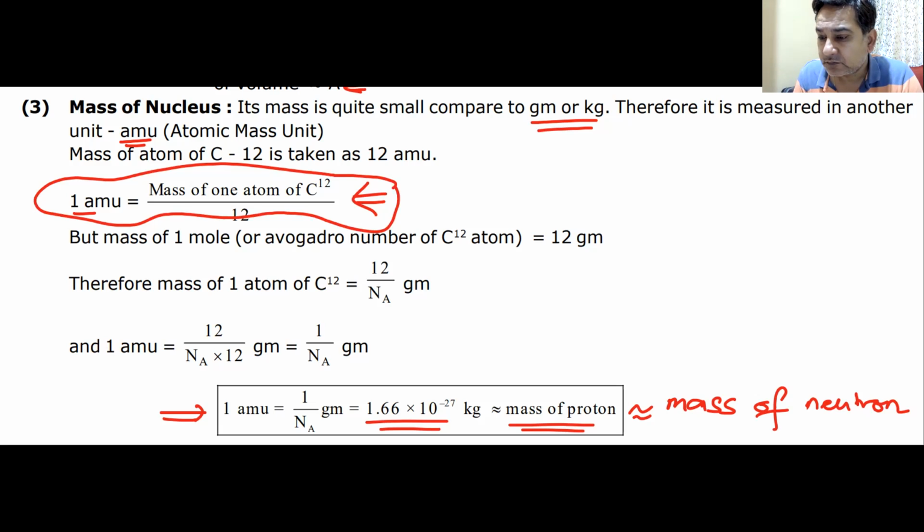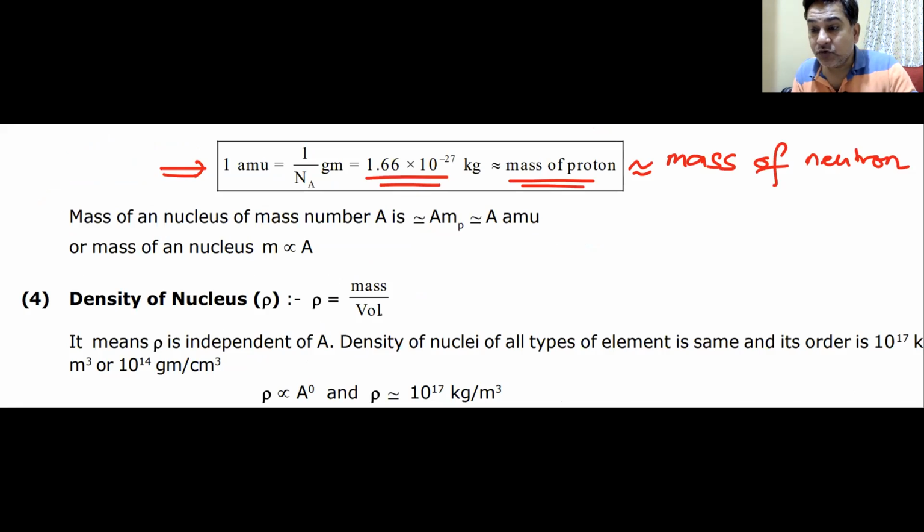Yes, sir. Now let us talk about the mass of the nucleus as such. To find the mass of a nucleus, we have to find the total mass of the neutrons, the total mass of the protons, add them, and we will get the mass of the nucleus. Yes or no?